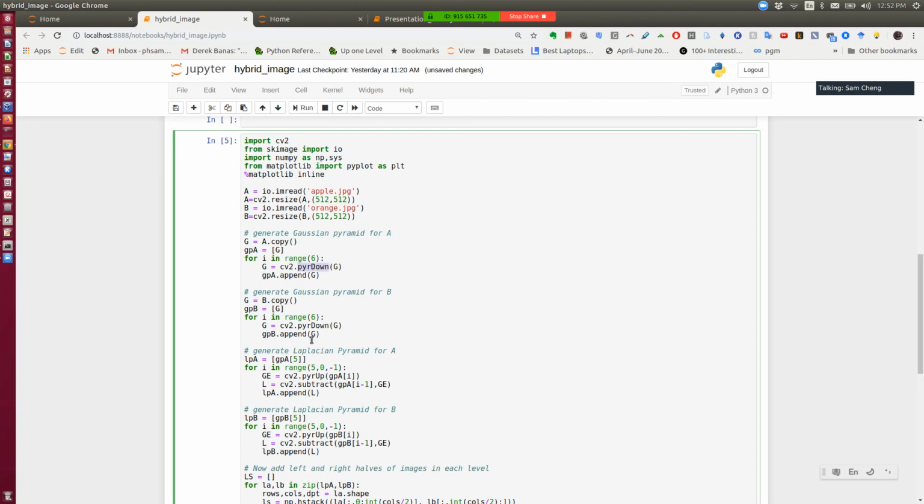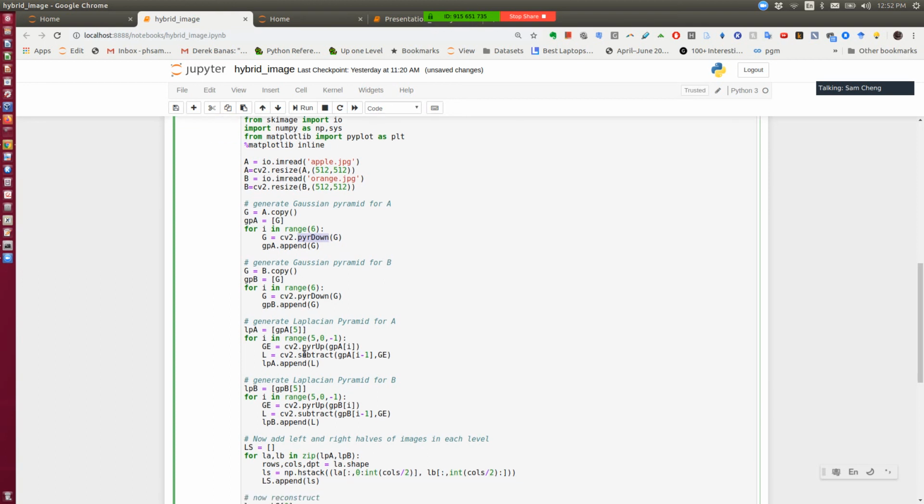And then you have pyramid up, which is just going up. So the pyramids are just used for upsampling, downsampling? Yes, actually it's very nice. They already do the filter. So when you pyramid down, it's filtering and downsampling, yeah.